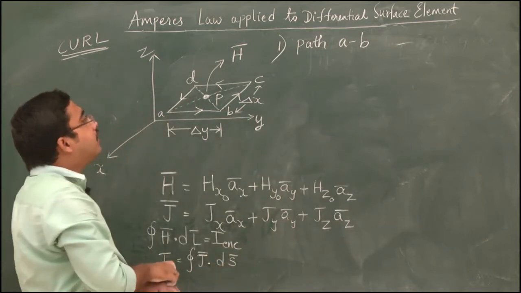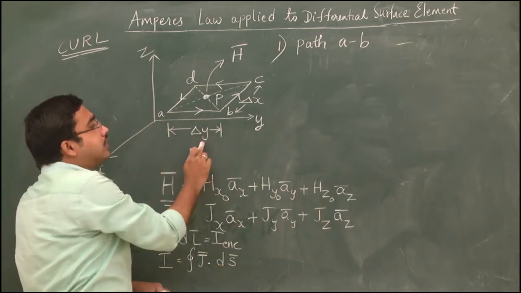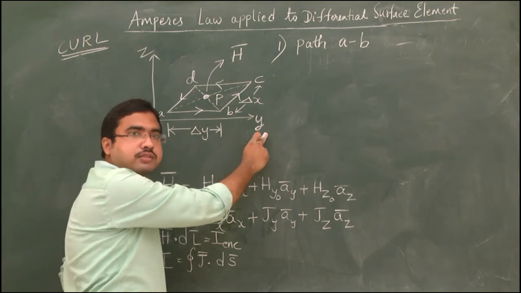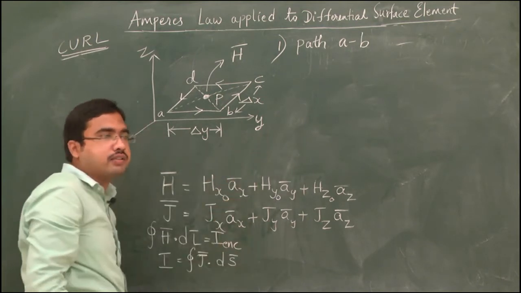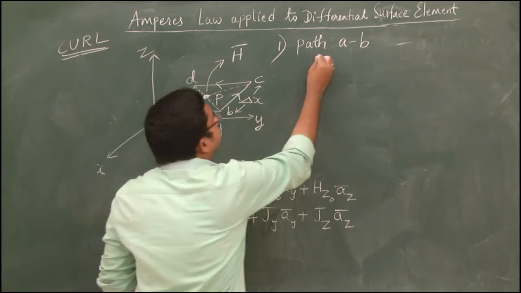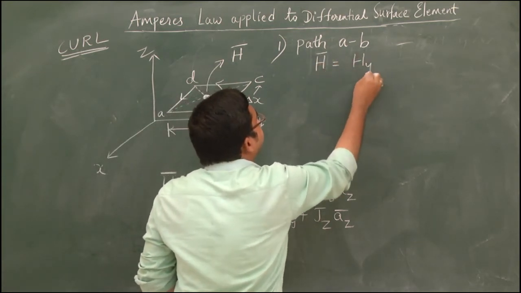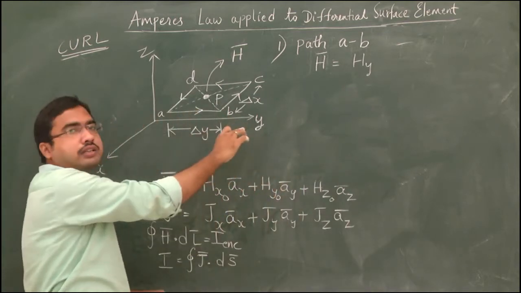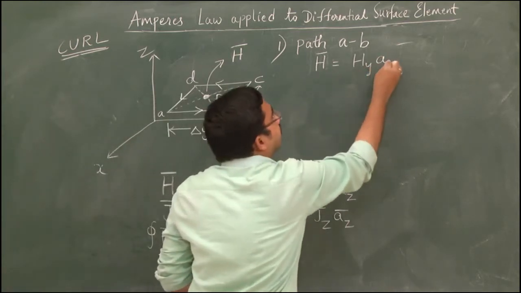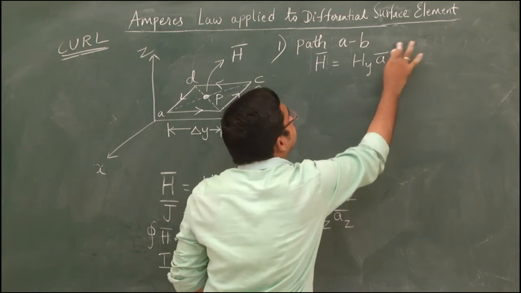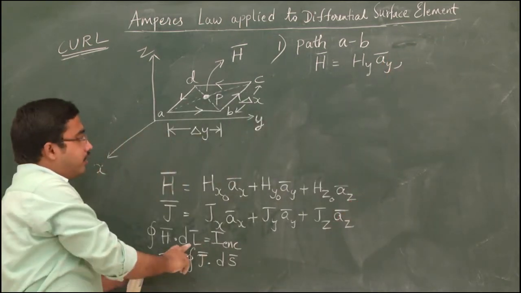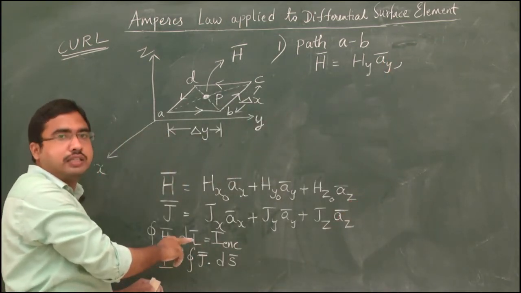For the path AB, which axis is it matching with? The Y axis. So H bar is equal to some constant Hy, and the unit vector in this direction is ay bar. To apply Ampere's law, we should also know the differential length dl bar.